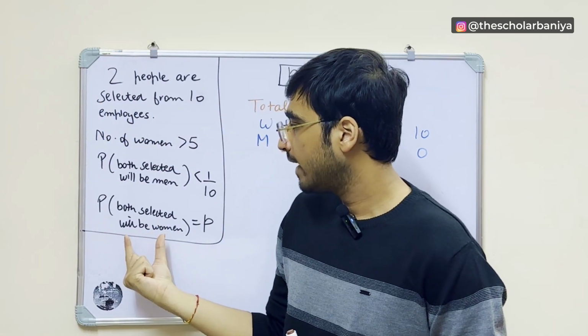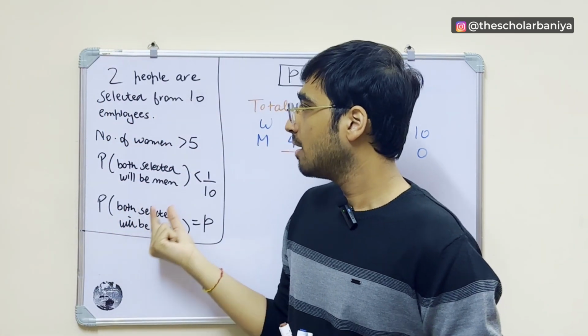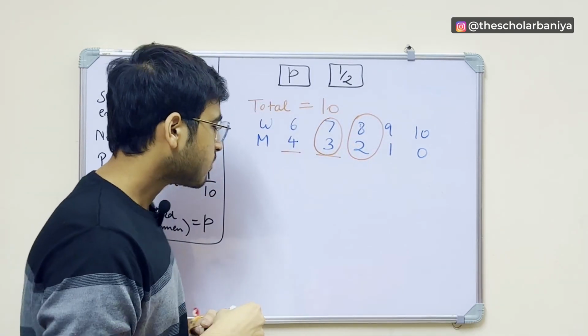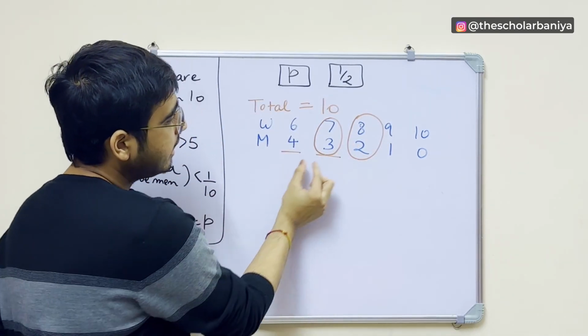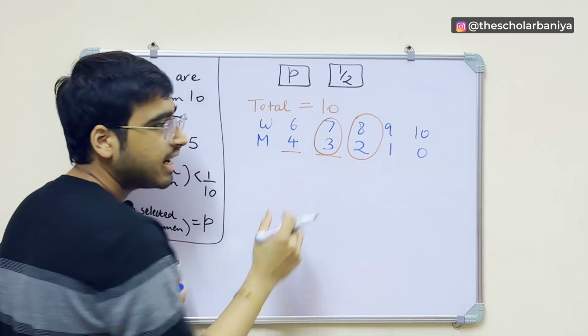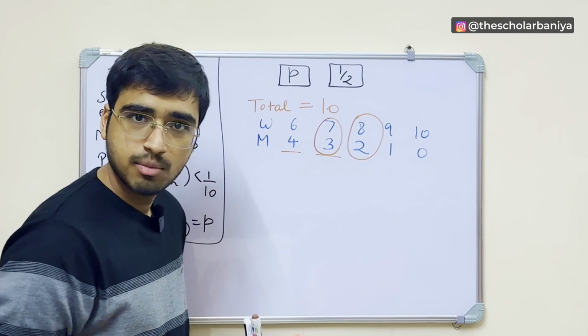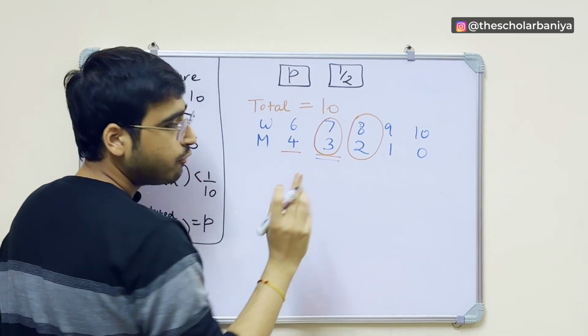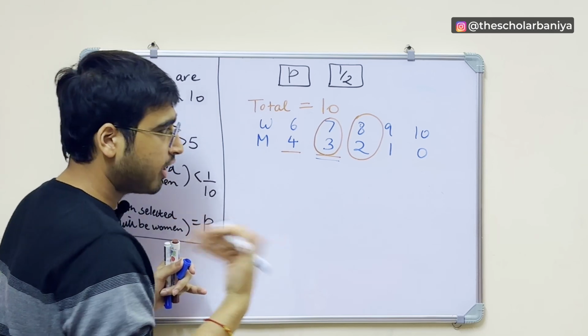Now we have to find out the probability that both people who are selected will be women, right? So for example, if I talk about this case, we have to select 2 women because these two are the only possible cases. If we have to select 2 women, what is the probability?